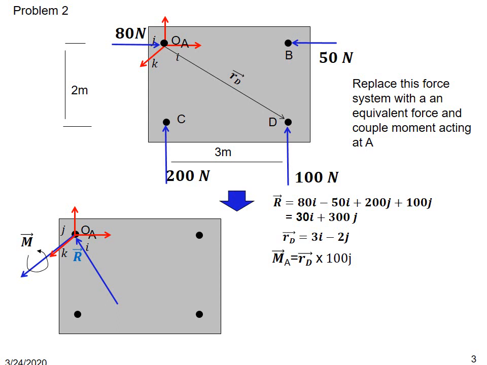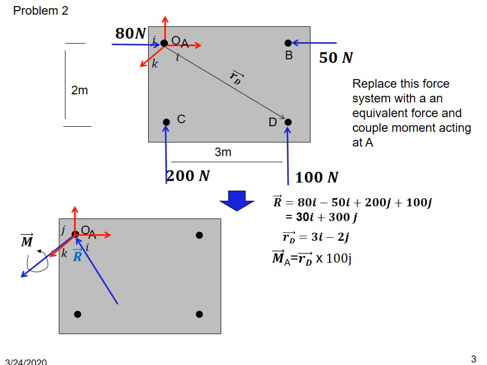Similarly, the 50 Newton force is also passing through O, so the moment of 50 Newton about O will also be 0. And 200 Newton, which is acting at C, is also passing through O, so its position vector R will be 0 in that case. So the moment of 200 Newton about O is also 0.